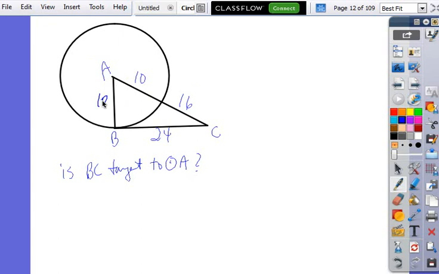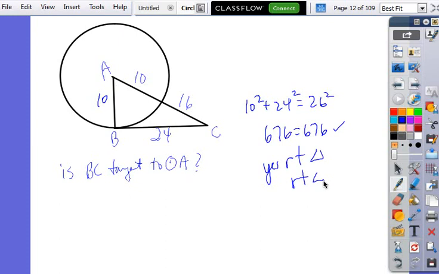Then I can say 10 squared plus 24 squared equals, why am I using 26? Because that's 10 and 16. I've got to add the 10 and the 16 up to get the whole hypotenuse. This is one we looked at a minute ago. We wind up with 676 equals 676. So that means yes for a right triangle, which means I have a right angle, which means yes is 10.